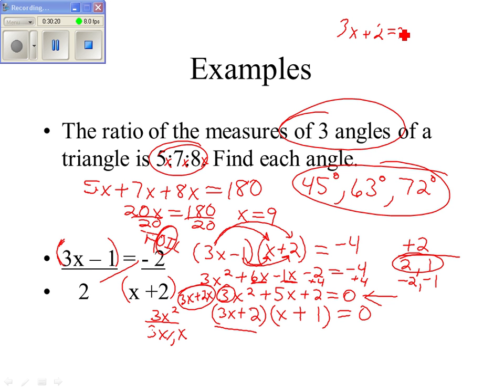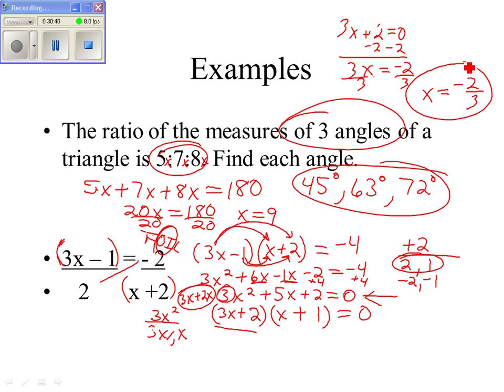How do I solve that? Minus 2. 3x equals negative 2. Then what? Divide by 3. So what's x? Negative 2 over 3. That's one of the answers.